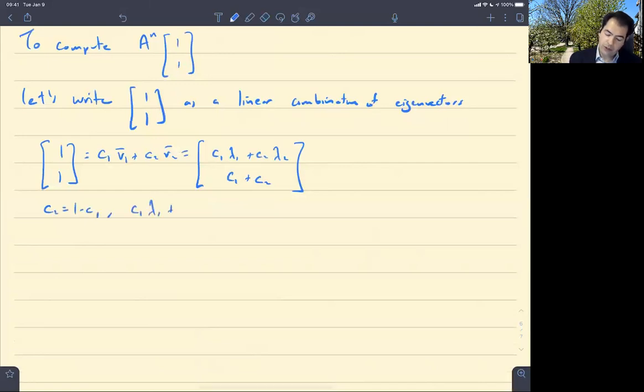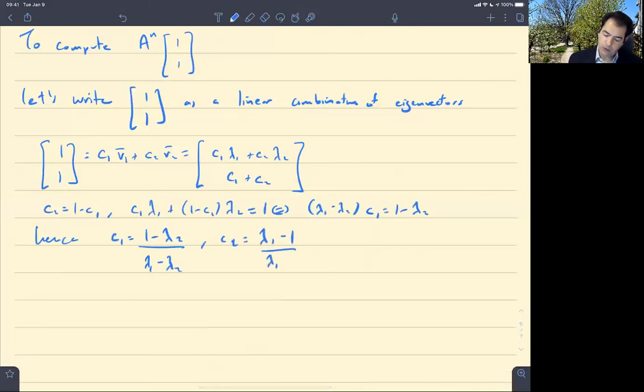Plugging that into the first coordinate, we get that (lambda 1 minus lambda 2) times C1 is equal to 1 minus lambda 2. Hence, C1 is (1 minus lambda 2) divided by (lambda 1 minus lambda 2). And C2 is equal to (lambda 1 minus 1) divided by (lambda 1 minus lambda 2).